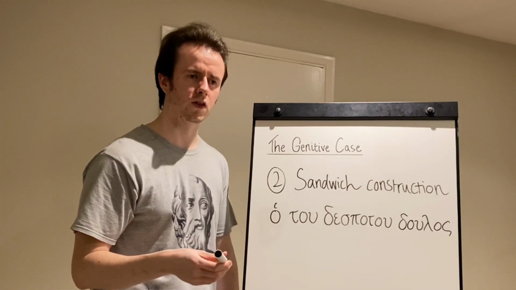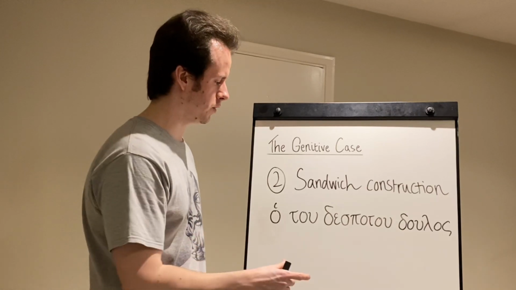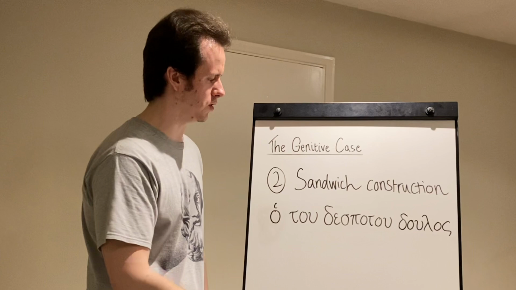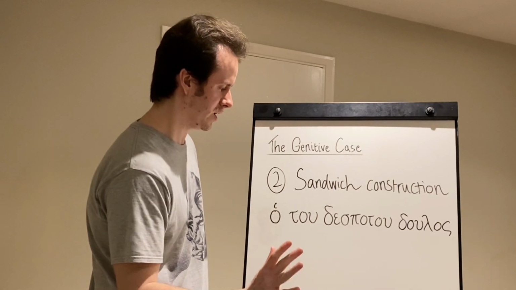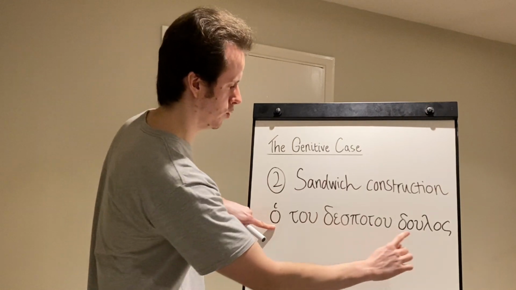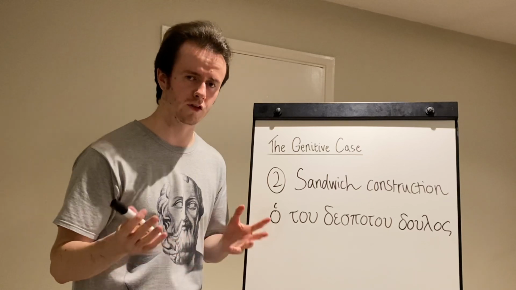And it's worth noting that we see this sandwich construction in other places in Greek, not just with genitives. So it's a useful construction to get your head around. And the idea is that information, in this case the genitive phrase, is sandwiched between a definite article and its noun. And this is just another method of deploying the genitive.